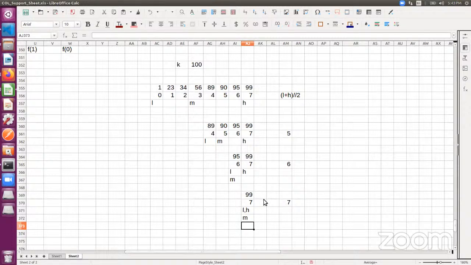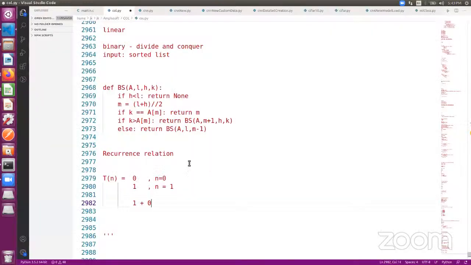Understood? So either I would return 7 or in the next step I return none. And we know that if the number of elements is 0, the time taken is going to be 0 only. So 1 for calculating the mid value plus 0 for number of elements being 0. Now did you get this?